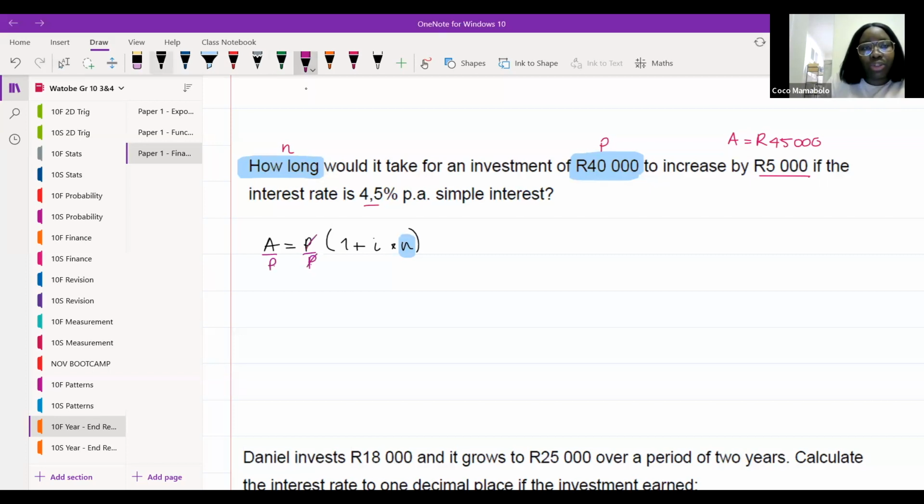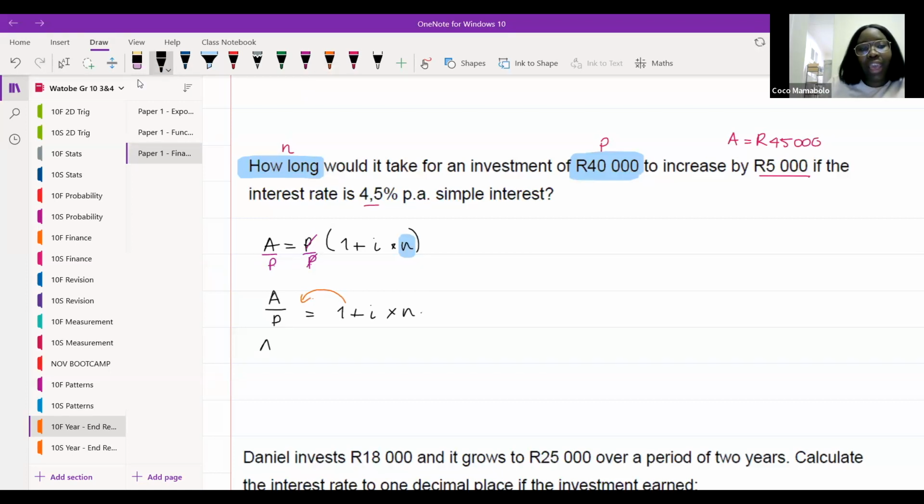Those two will cancel. So now I've got A over P is equal to 1 plus I times N. Next move. What's next? Correct. We're going to take the 1 to the other side, and it's going to become minus 1.